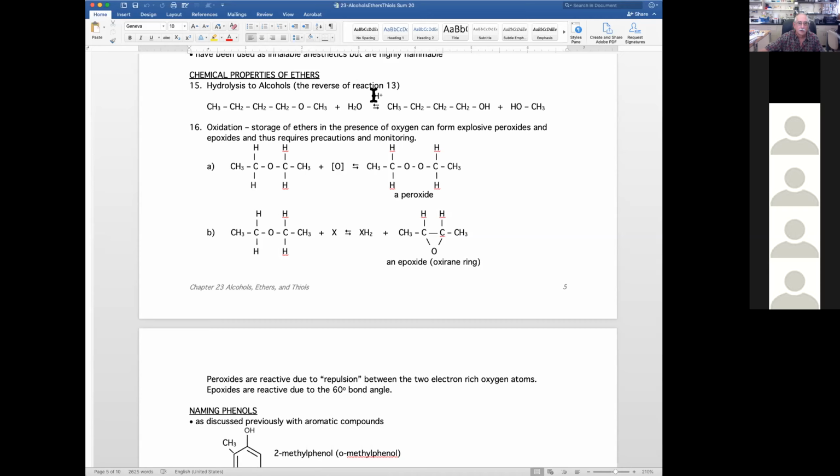So the hydrogen would go on here, making this a positive charge, causing this negative charge to attack it. Then the leaving group would be one alcohol, and what you have left over is the other alcohol. Okay. So ethers can be hydrolyzed into alcohols. Alcohols can be dehydrated into ethers.